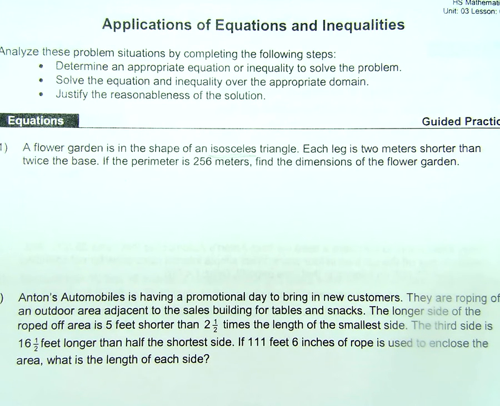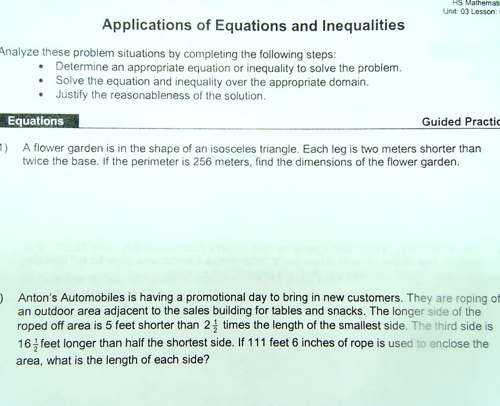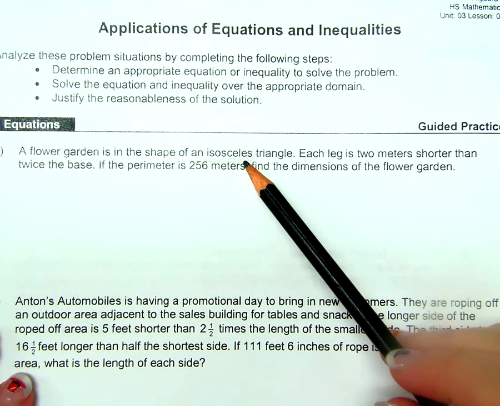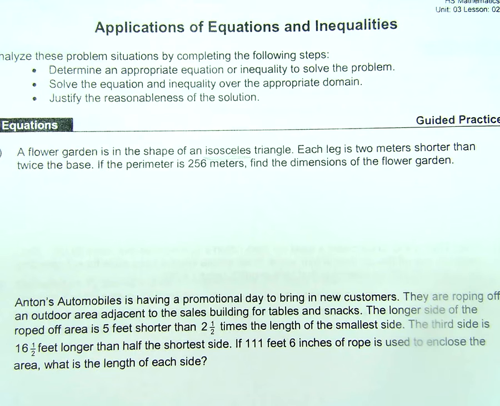Two sides equal the same? So what definition are we going with for isosceles? Two legs are the same? Is that really what we're going with? Okay, then I need to fix something for you. The definition of an isosceles triangle is at least 2 legs are the same length.